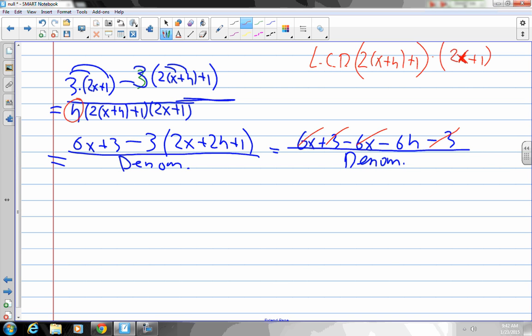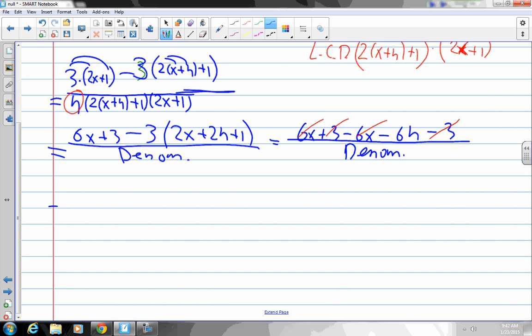The 6x and 3 cancel, so we're left with negative 6h over, I'm going to write the denominator now, h times 2 times x plus h plus 1 times 2x plus 1. So I can cancel the h's, and I'm done.